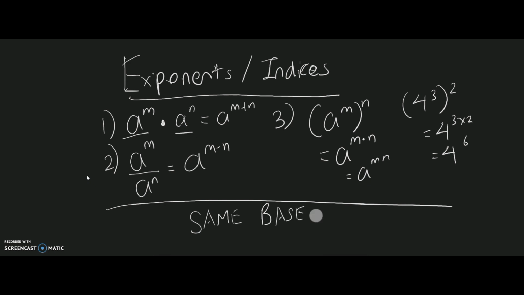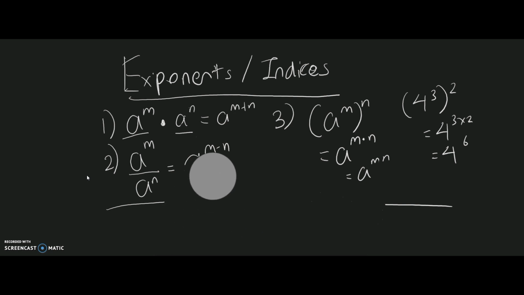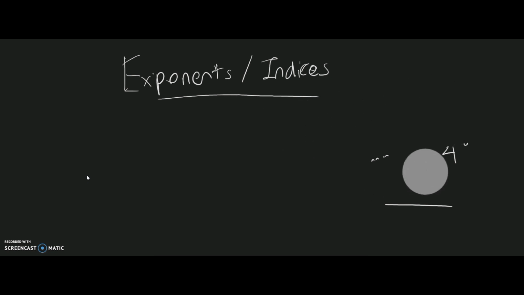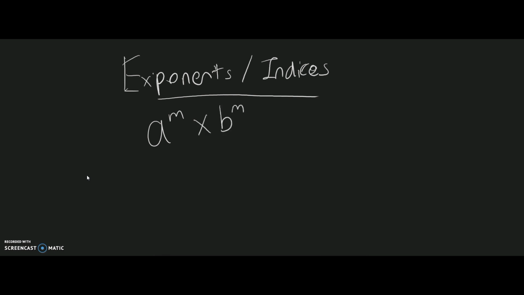However, if we are dealing with the same index but not necessarily the same base, then we can apply these 2 laws. So this is law number 1 for same index. a to the power of m times b to the power of m is equal to ab to the power of m.